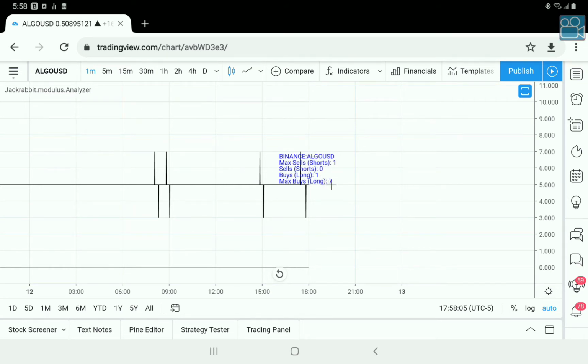The maximum number of buys. This is the total number of buys between two sell signals in one continuous run that has occurred within the last 5,000 candles. This also is a reasonable standpoint for a budget.